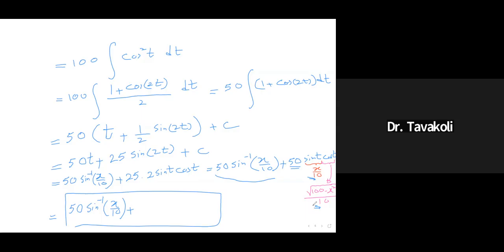The 50 is on the top. 50 over 100, 10 times 10, 100 in the denominator. 50 over 100 is 1/2. Then what? X times radical of 100 minus x squared.